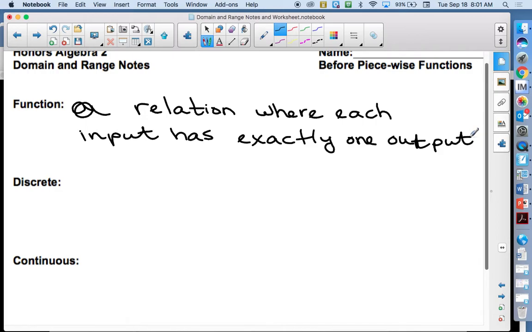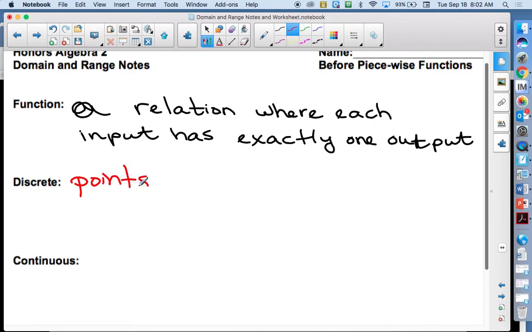All right, other 2 words. You saw these 2 words last week when we were doing the activity with your shoe size versus the length of your forearm. Discrete versus continuous. So if we have a graph that's discrete, what does that mean? Connor? The points are scattered. Yeah, that's a good word to use.